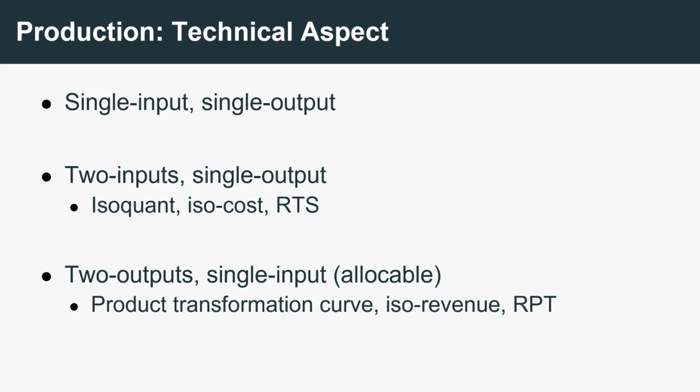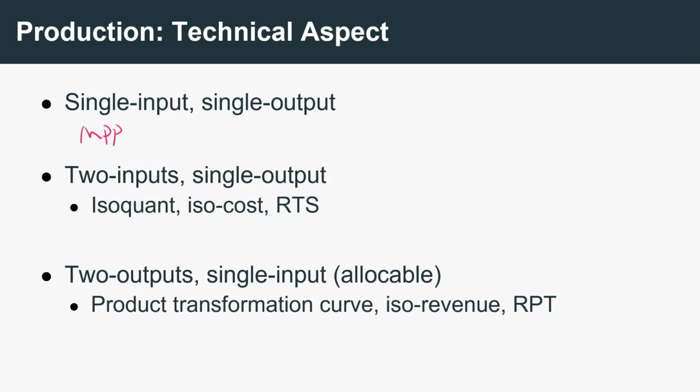First, I won't go into the details, but this slide is about the technical aspect. We started very slowly with a single input, single output case, and in that case, the marginal physical product was a very important concept. And then we also introduced the 3 stages of production. When we have 2 inputs and a single output, very important here are the concepts of isoquant, isocost, and rate of technical substitution.